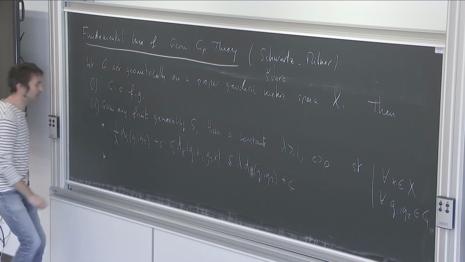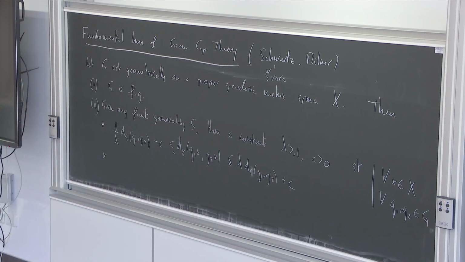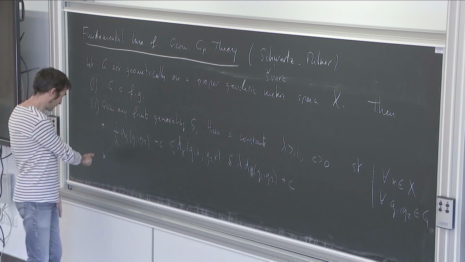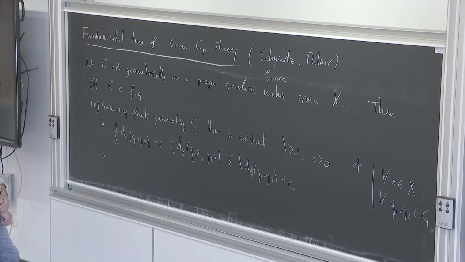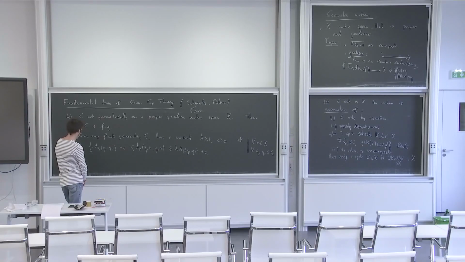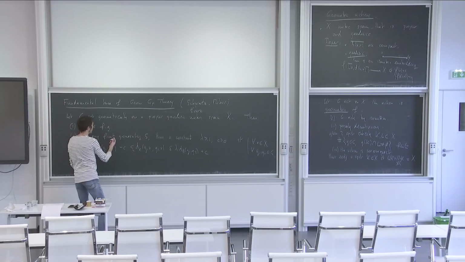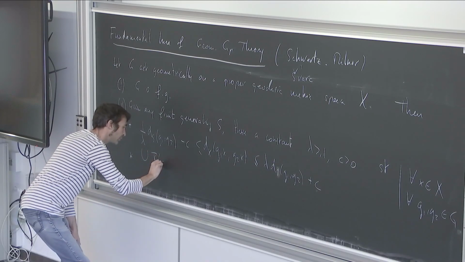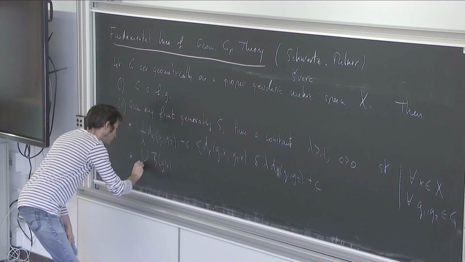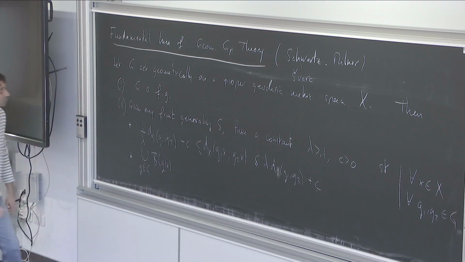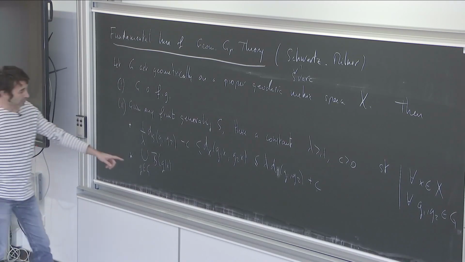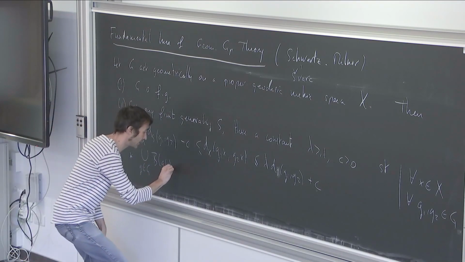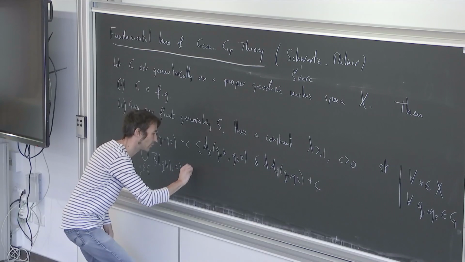And the second is to say that the image is co-bounded. So meaning that if I look at the union over all the elements g of the group of the ball centered at g of x and of radius C, then it covers the whole space.